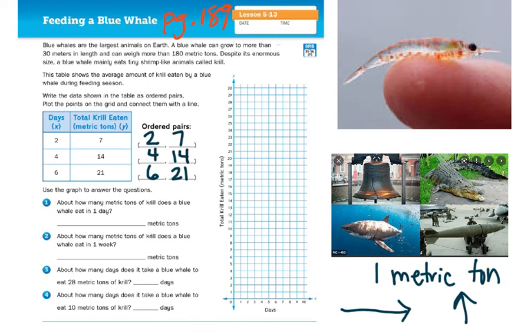So 2, 7 over 2, up 7, over 4, up 14. It's a little bit small for me. Over 6, up 21.